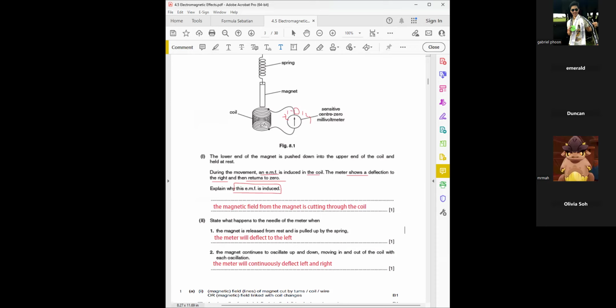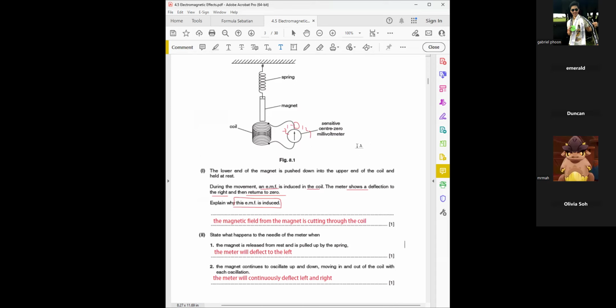No, the magnetic field cuts through the coil in this scenario because the magnet is the one that's moving. Oh wait, so the magnet cuts through the coil. The magnetic field cuts through the coil because the magnet is the one that's moving right now. Oh, then if we put the magnet on steel and we move the coil into the magnet, then that means the magnetic field is being cut by the coil. Oh, yeah. Oh, okay. Thank you.